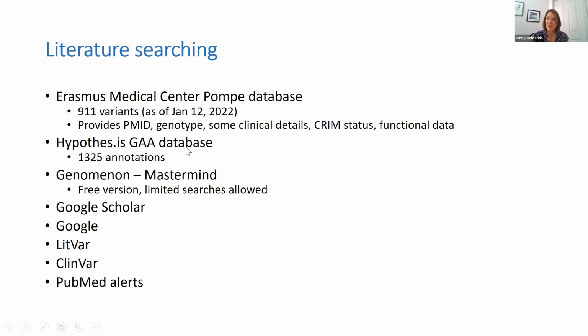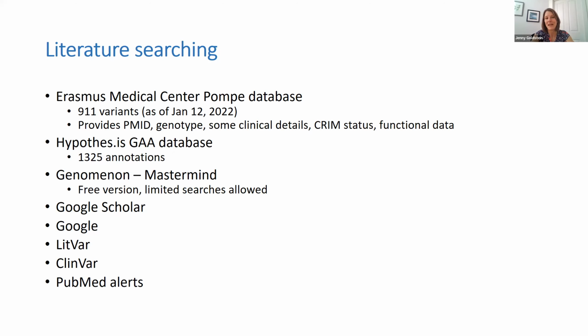We also have a Hypothesis GAA database where we've had undergraduate volunteers who are annotating the literature. As of now, we have over 1,300 annotations, so this has been really great. This has been ongoing for a few years, and at some times it's more busy than others, but annotations are accumulating in there.